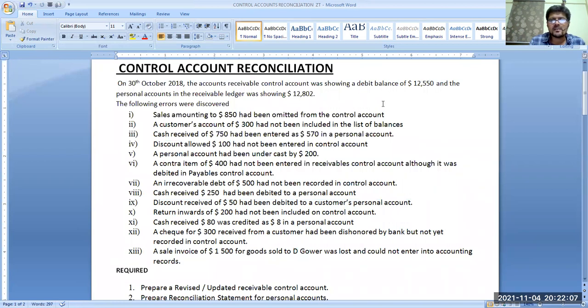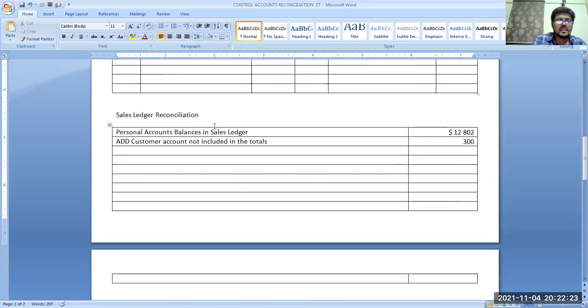Cash received 750 had been entered as 570 in the personal account. Now, when we're receiving cash, our personal accounts are going to decrease, but it was supposed to be decreased by 750, we decreased by 570. So 180 we have to decrease more. So less error.